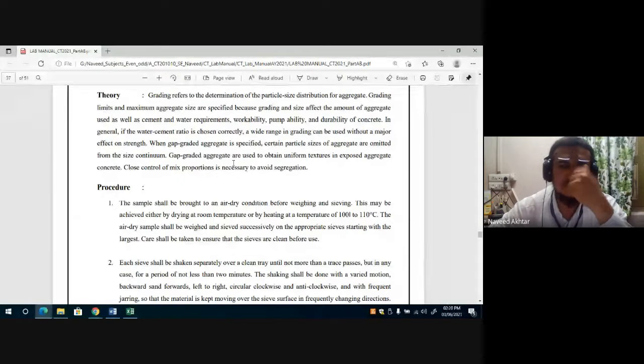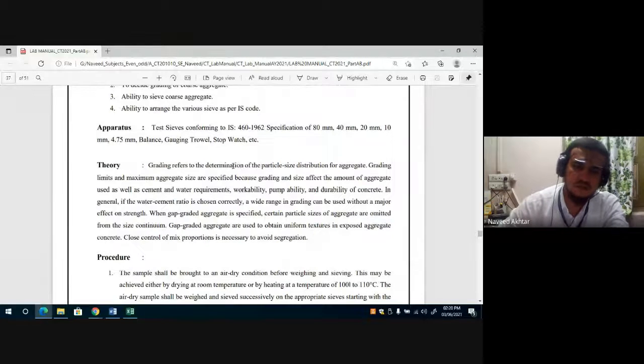So all particle sizes should be present in the concrete. If you are using 20 mm aggregate, then 20 mm, 10 mm, 4.75 mm, and the next particle sizes should be available, 16 mm as well as 12.5 mm also.